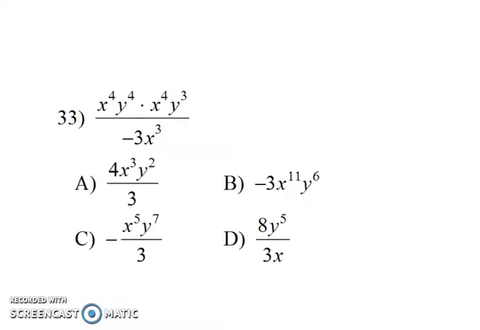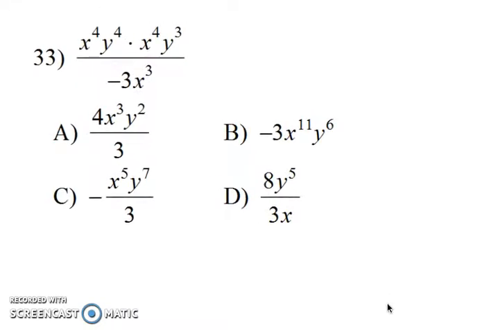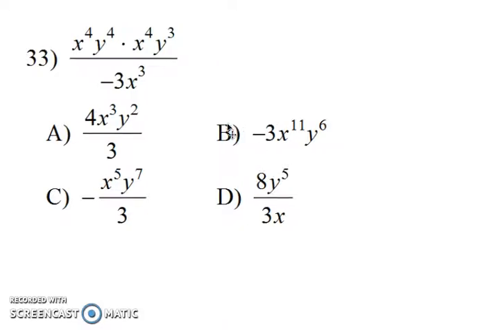So even if they start to get really ugly looking with all sorts of x's and y's there, you can start picking things apart carefully. You can say, look, I've got a total of 8 x's up top, and I've got 3 of them down below. So if I cancel these 3 with 3 of the x's that were up top, then no problem.